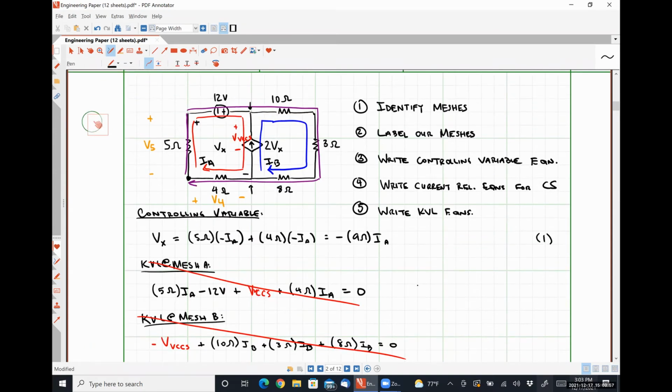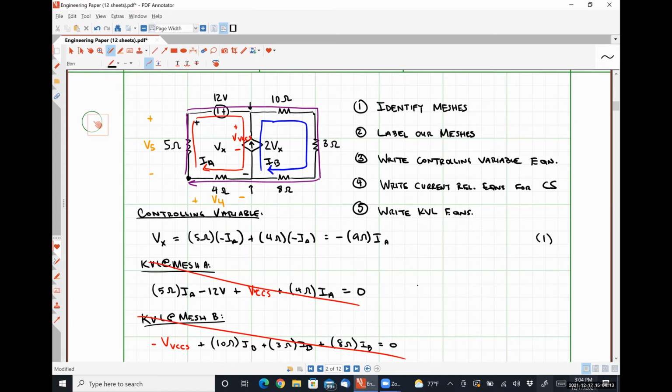There are two mesh currents flowing through that branch that contains that current source, right? We have a mesh current of IA flowing down and a mesh current of IB flowing up through that current source.